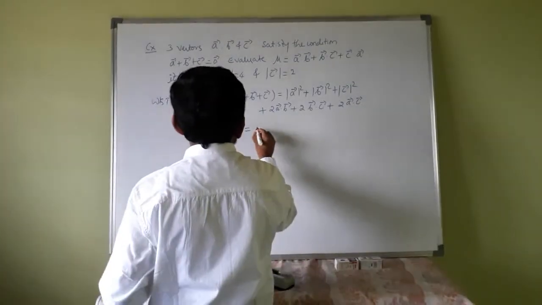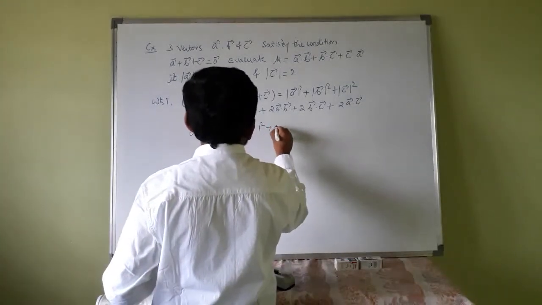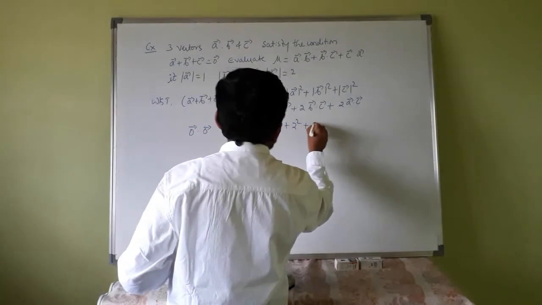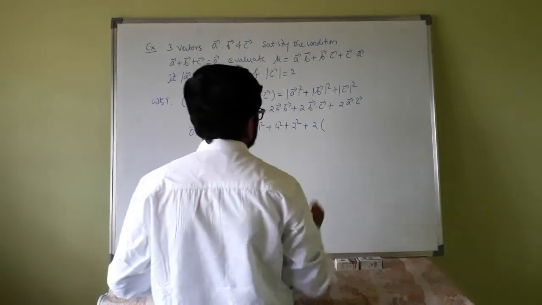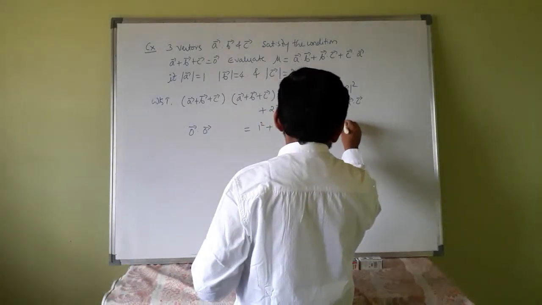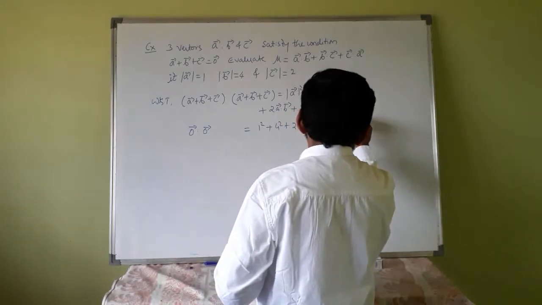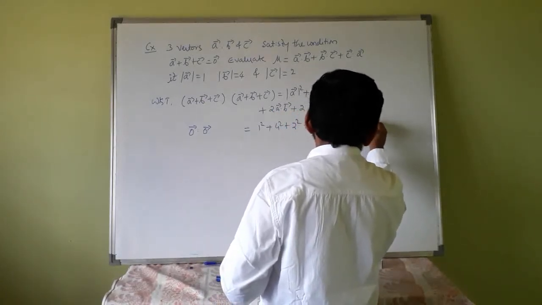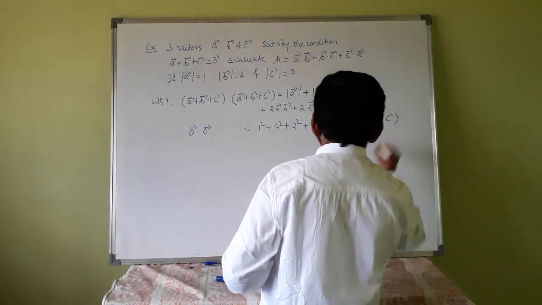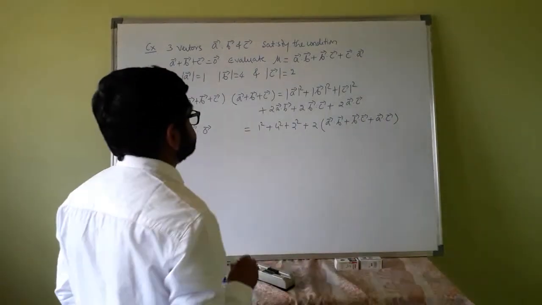This is 1 square plus 4 square plus 2 square plus 2 times A dot B plus B dot C plus A dot C. What is this?